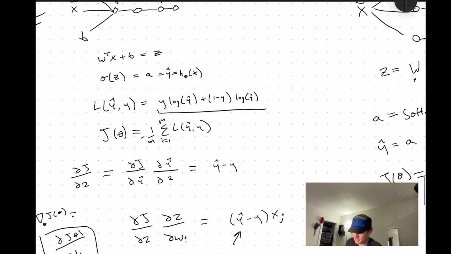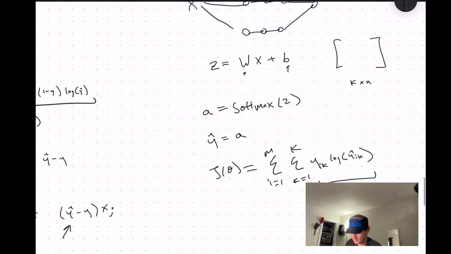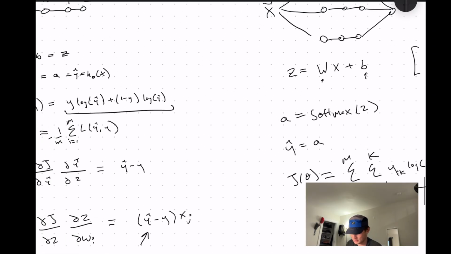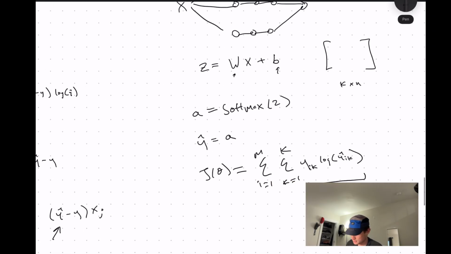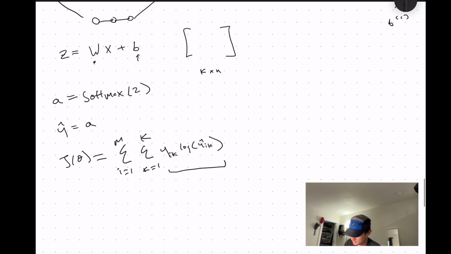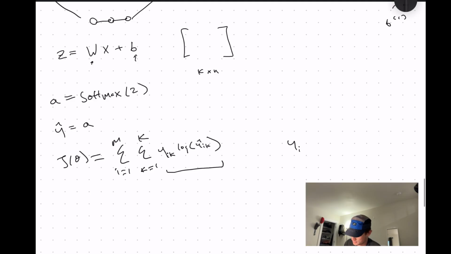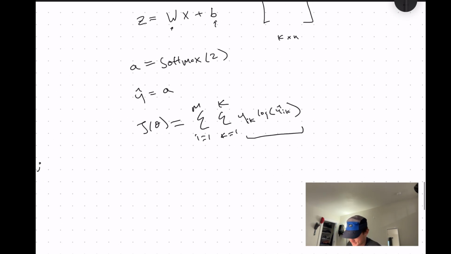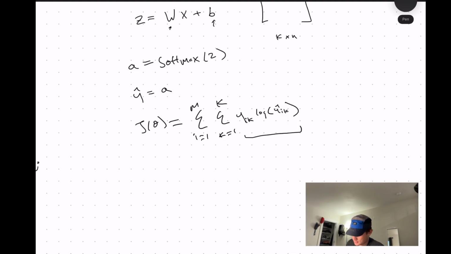It looks exactly like this, except instead of two things, we're predicting K things. So that is where that comes from. And it can only be 0 or 1, so this could be like y i. So this number is either 0 or 1, and this is some probability.